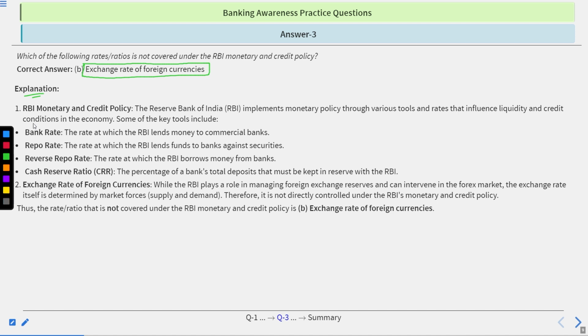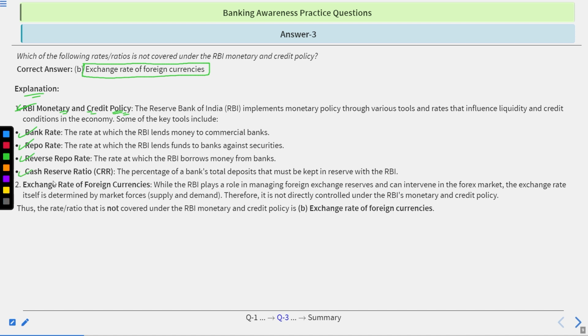If we go by the explanation, the RBI monetary and credit policy: the Reserve Bank of India implements monetary policy through various tools and rates that influence liquidity and credit conditions in the economy. Some of the key tools include the bank rate, the rate at which the RBI lends money to commercial banks; repo rate, the rate at which RBI lends funds to the banks against securities; reverse repo rate, the rate at which the RBI borrows money from banks.